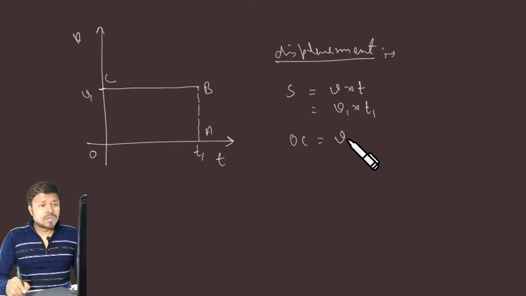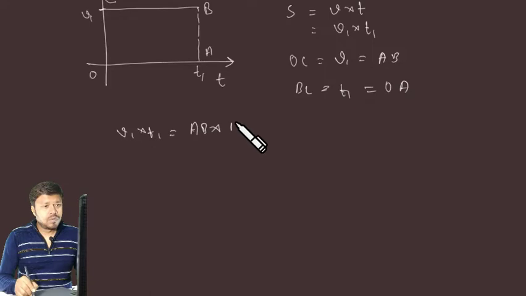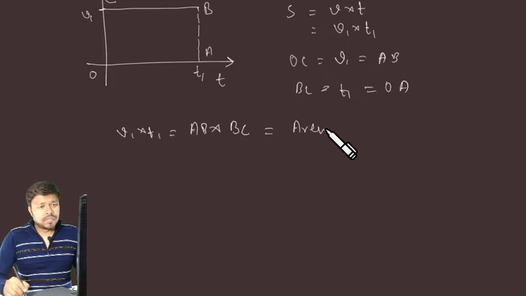OC equals v1 equals AB, and BC equals t1 equals OA, right? That means v1 into t1 equals AB into BC, which equals simply the area of the rectangle.